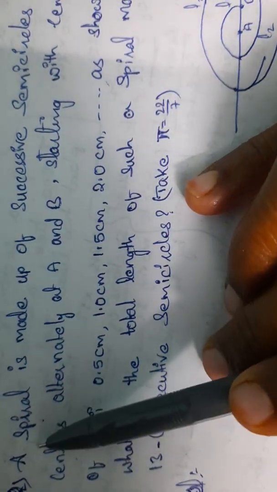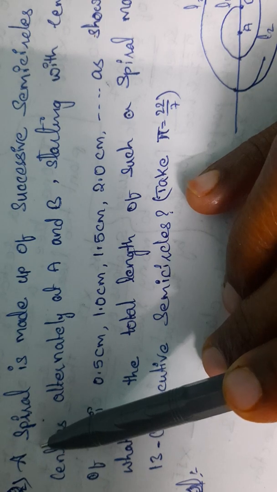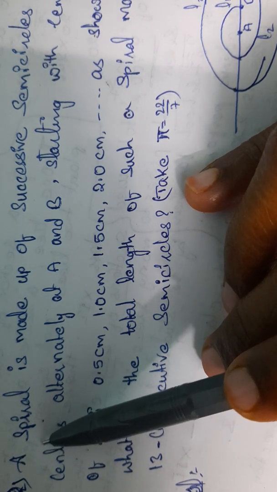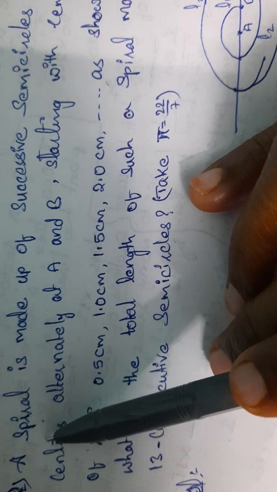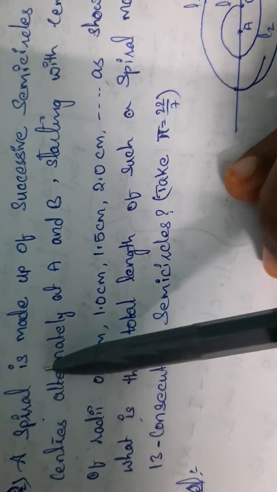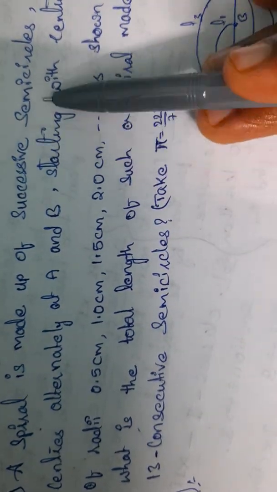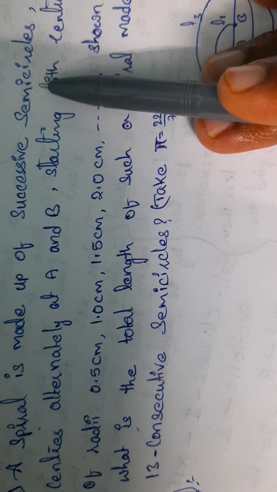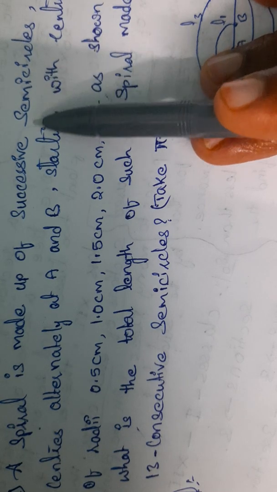So first of all, we try to understand what is given in the question and what it is asking us to find. Okay, a spiral is made up of successive semicircles. You know that successive semicircles, one after the other.